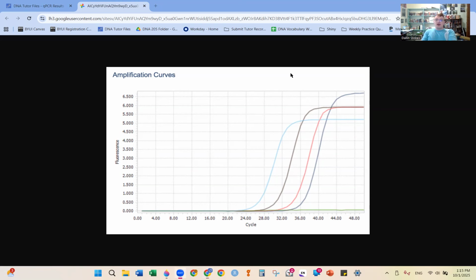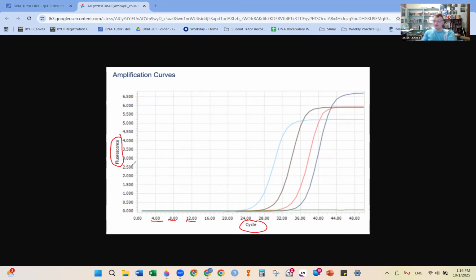And again, you're not going to have to know how to read this graph. This is just to give you an idea of how this process works. On this graph, we've got the number of cycles that have passed down here. So at this point, they've done 4 cycles of PCR and 8 cycles of PCR and 12, right? The PCR reaction is running along the way and the machine is constantly reading it. Then up the side here is fluorescence.